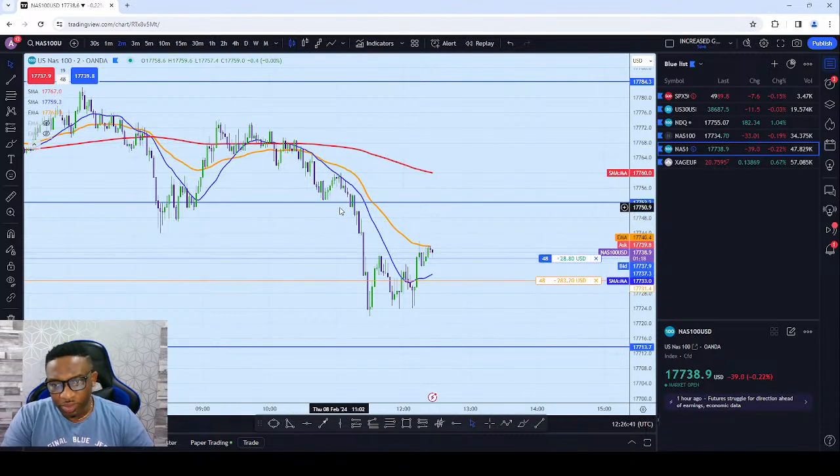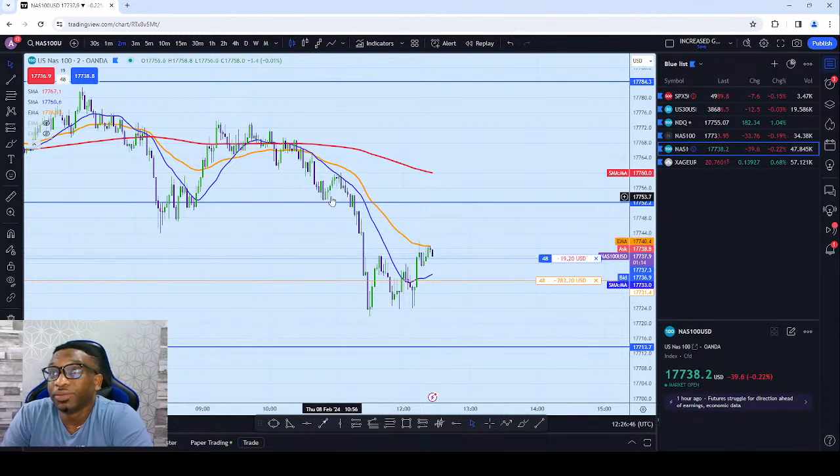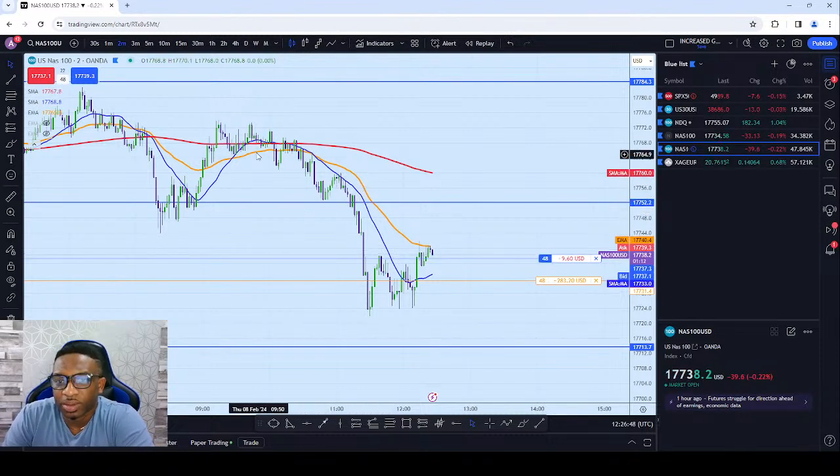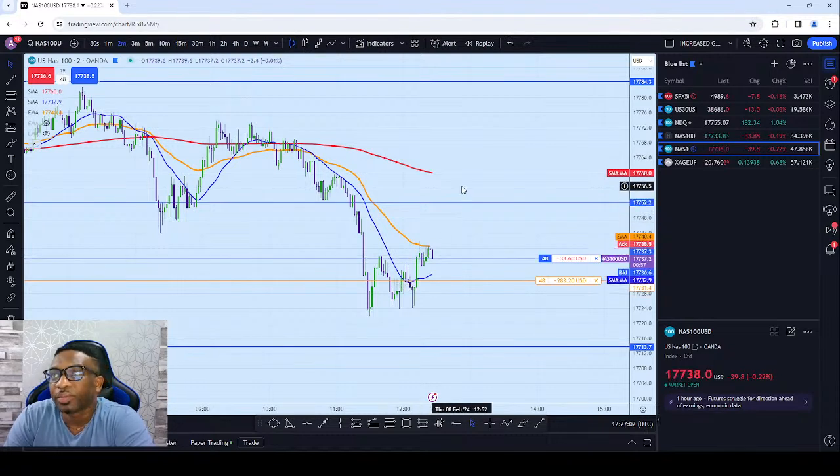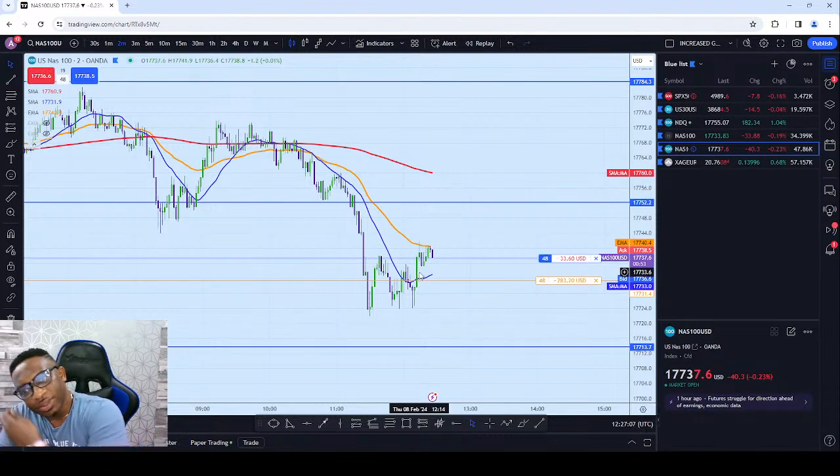As usual, if you look at where price is now, the first thing we have to consider is the state of the market. It was in the narrow state and then pushed down to this wide state. Now it's heading to narrow state again.